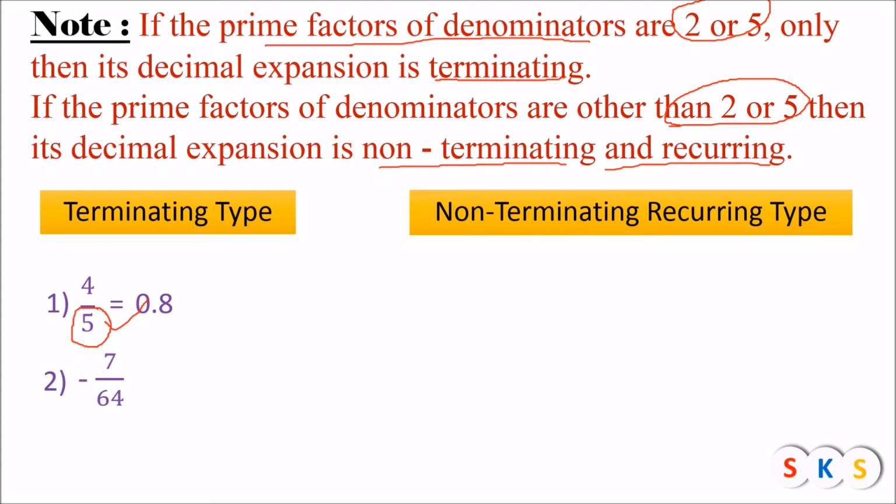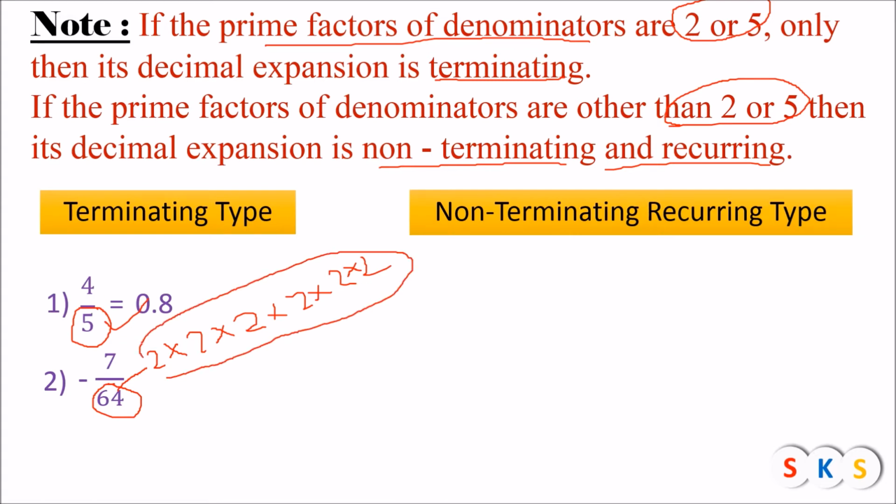Let's see another example. Minus 7 upon 64. What is the denominator here? It's 64. And what are the factors of 64? 2 into 2 into 2 into 2 into 2 into 2, that is 6 times 2. You can see the prime factor of this denominator is only 2.